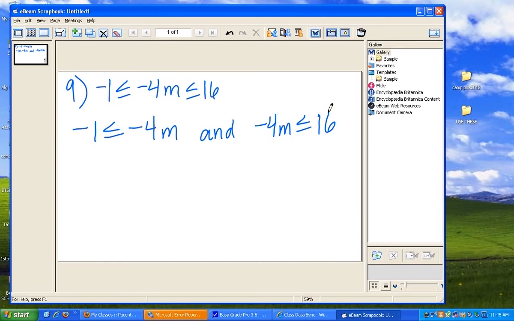When you have the "and" symbol and you have to graph it, you know that it's trapped when it's an "and." Always. All of your graphs will be trapped when it's an "and." When the m is trapped between 2 numbers, we call it an "and," trapped on a number line.